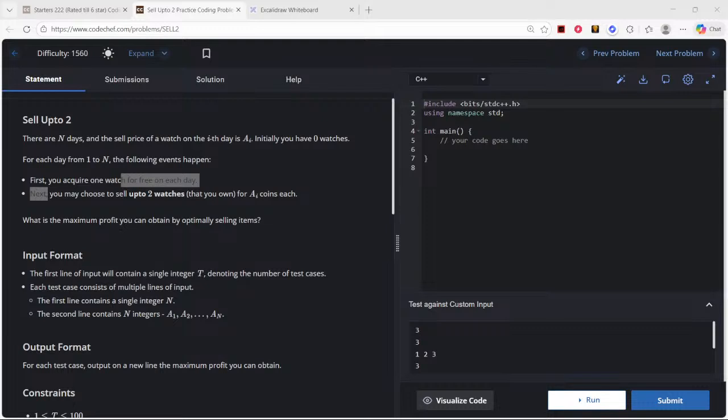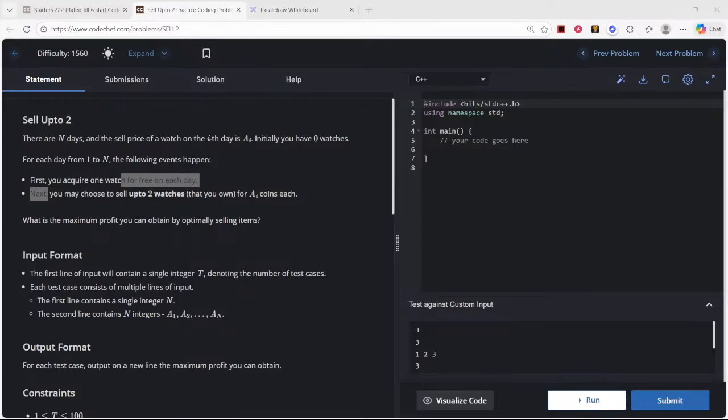After this, in event 2, I will have 3 different scenarios. Either I choose not to sell any watches, in which case I still have W plus 1 watches; or I sell 1 watch, in which case I have W watches; or I sell 2 watches, in which case I will have W minus 1 watches, and I will have Ai coins extra in this case, so I will have 2 Ai. So that is the problem.